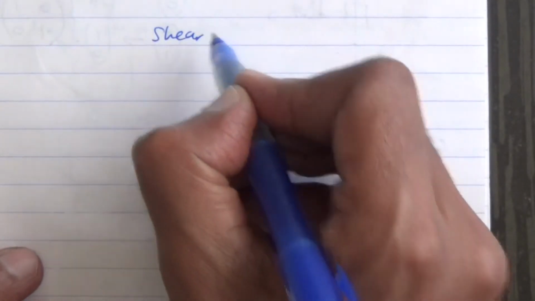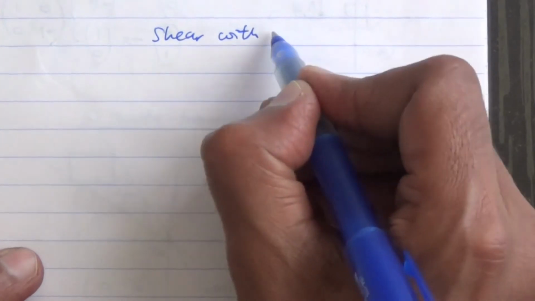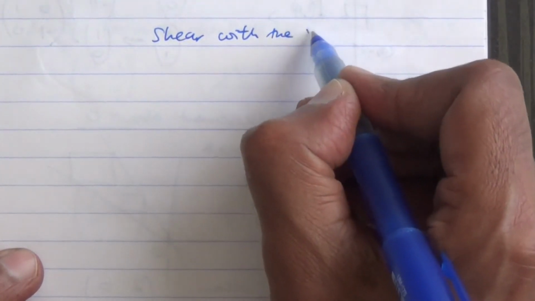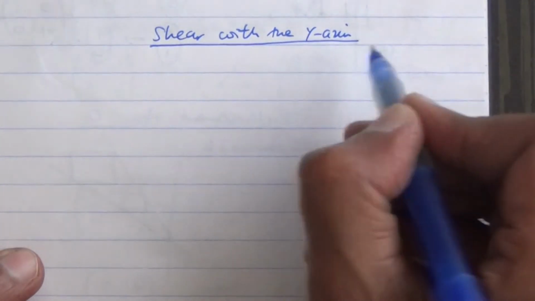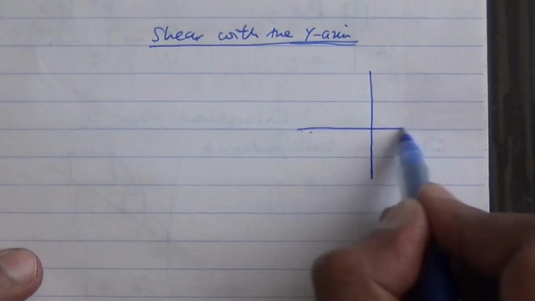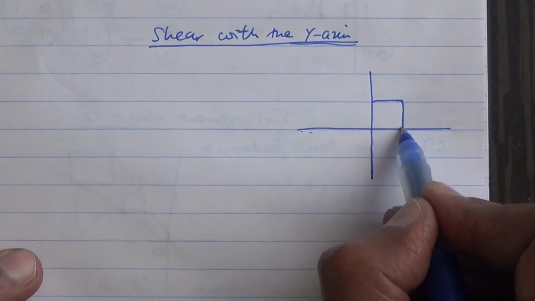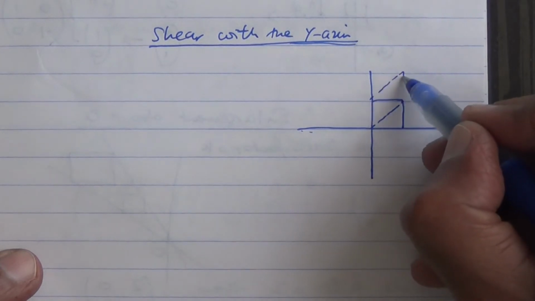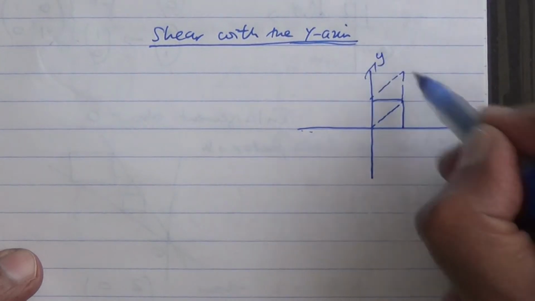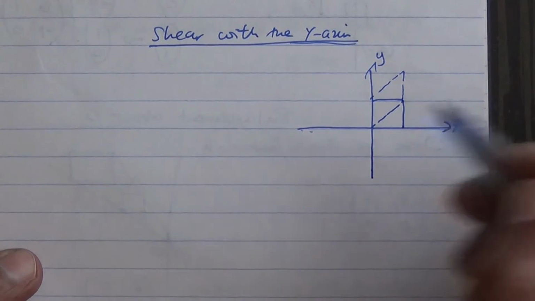Okay, you may also have a shear with the y-axis. For a shear with the y-axis, let's say the square is here, so this will be your image. This is a shear with the y-axis. The x-axis is here.